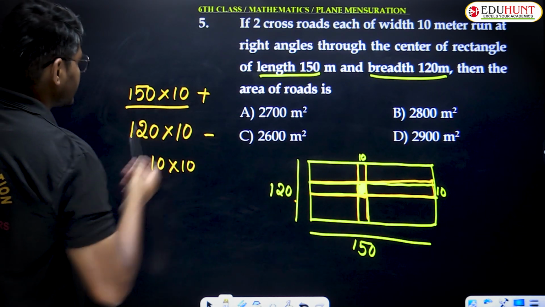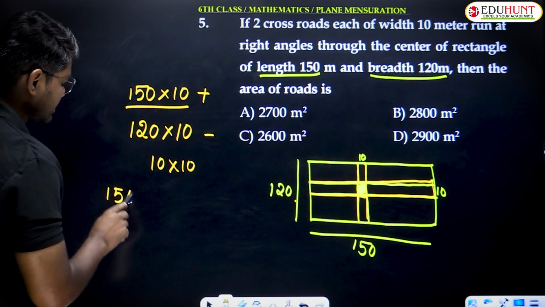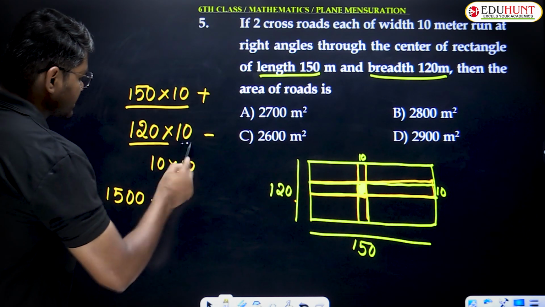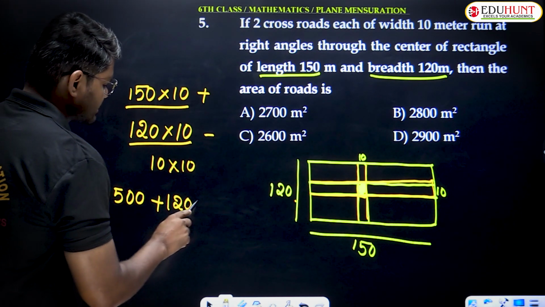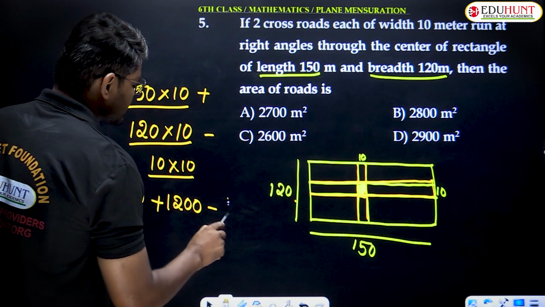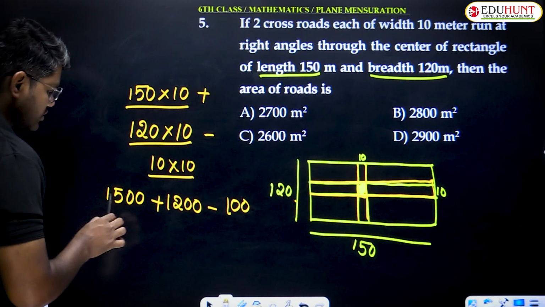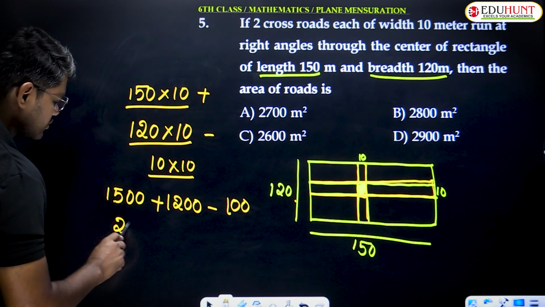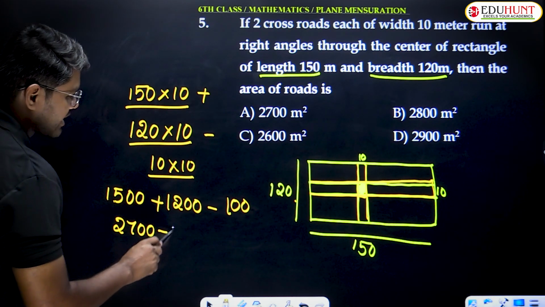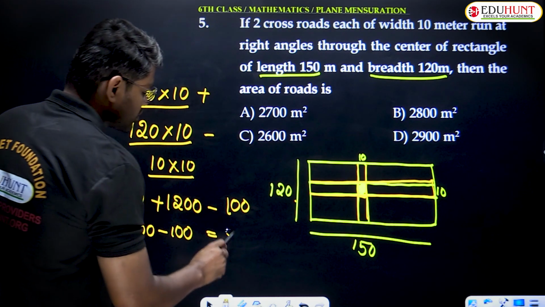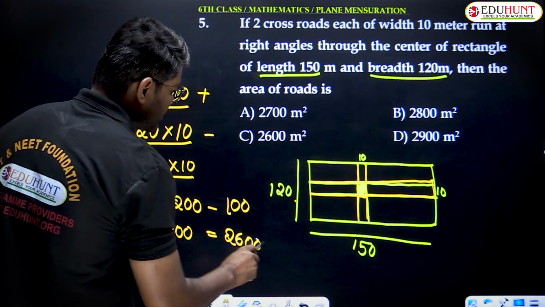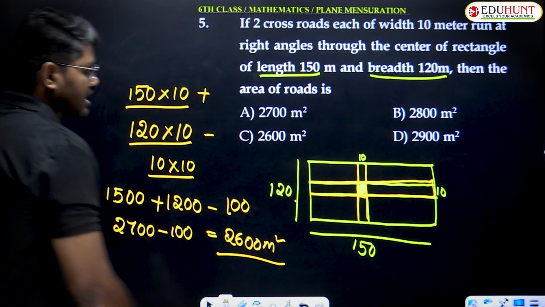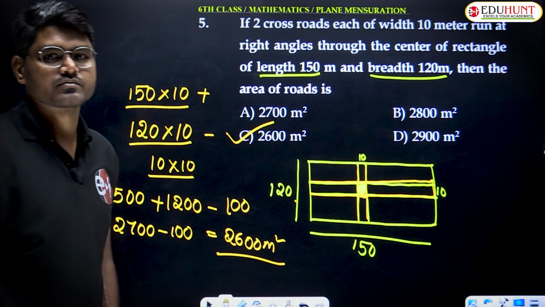So this is 1500 plus 1200 minus 100. 1500 plus 1200 becomes 2700, minus 100, that is 2600 meter square will be the answer, which is option C. That's it.